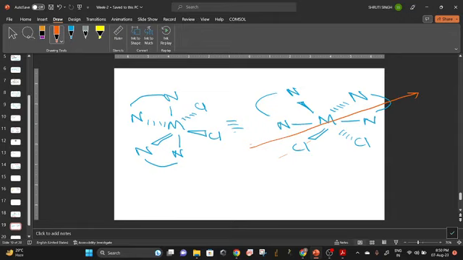Okay? So this is also the same as that case. One is up, one is down. This will come here, this will go there, and these two will change. The rings will change.